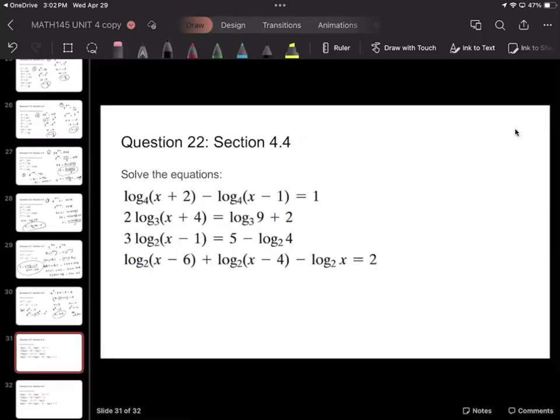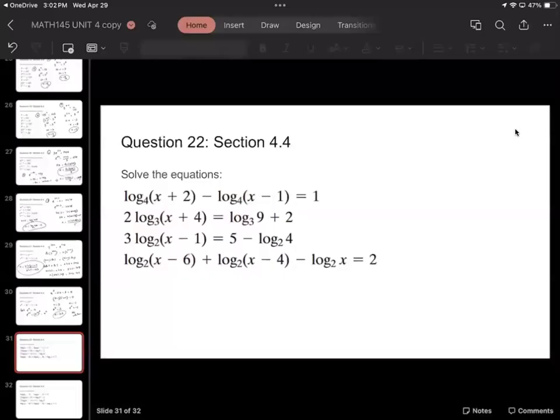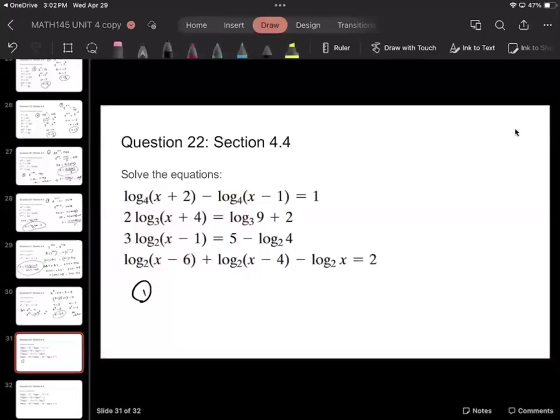Let's solve the first equation here. So here you have difference of two logs. So I'm going to write it as one log of a quotient. And then I'm going to convert it into the exponential form. 4 to the power of 1 is 4.